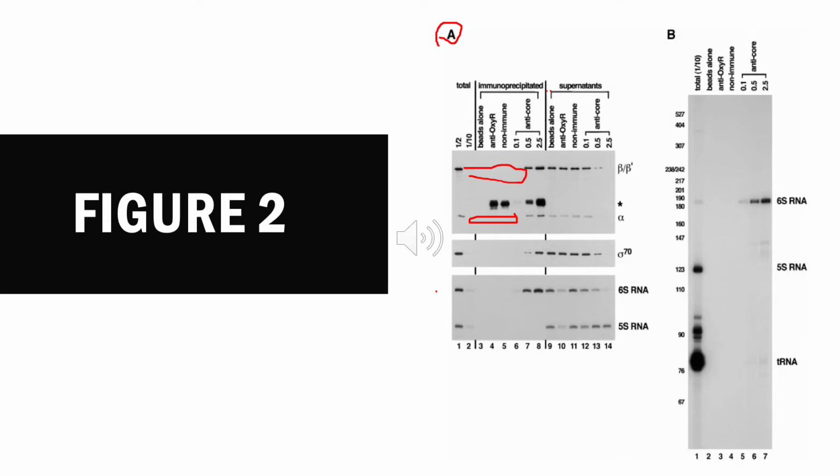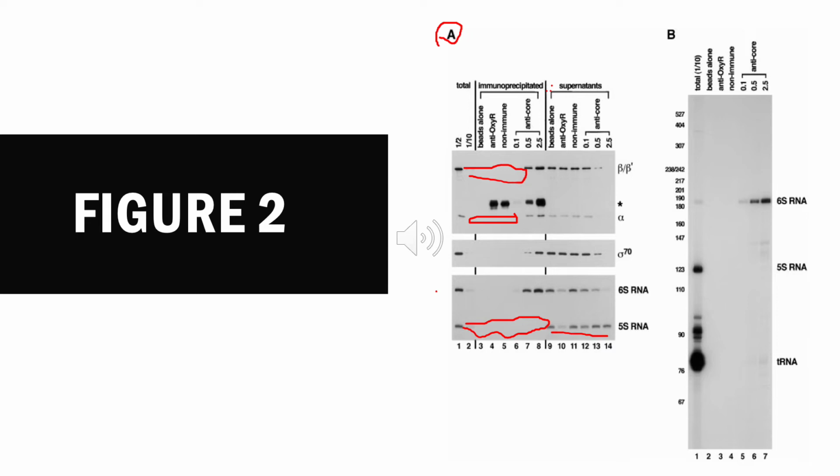For 5S RNA, we can see that none of it was immunoprecipitated. That's that first squiggly circled area. But we do see a presence in the supernatants, which I've underlined. This tells us that 5S does not bind to RNA polymerase subunits.